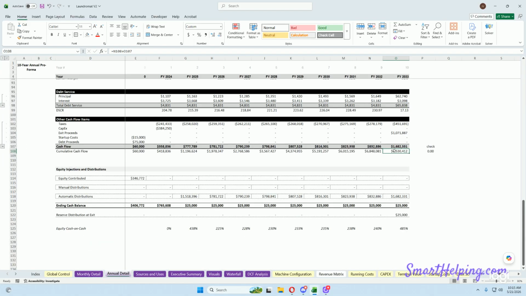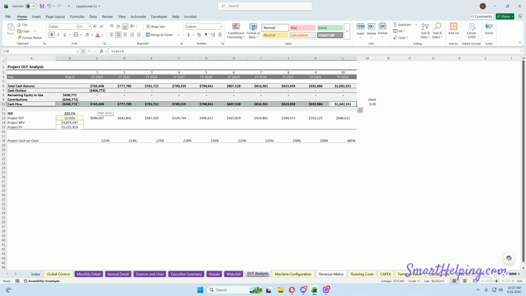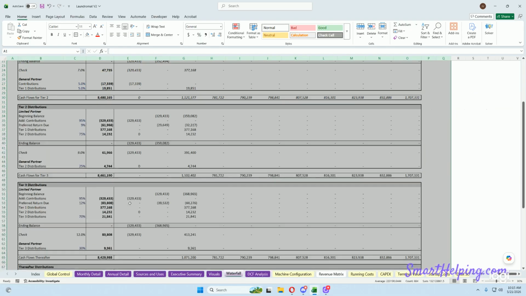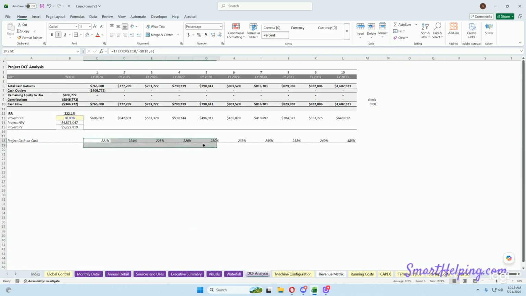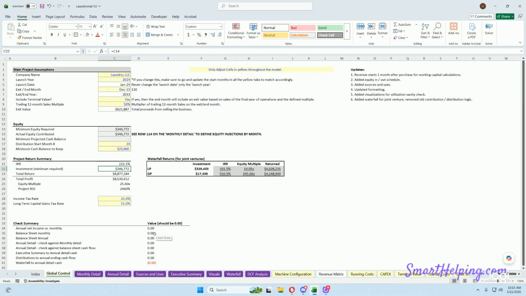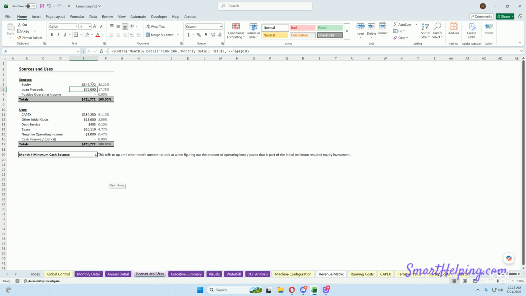See, this is 8530. So this is just basically project level returns. We did cash on cash here for the project, so you can see what the cash flows produced are relative to the initial investment required at minimum. Okay, so that's that.